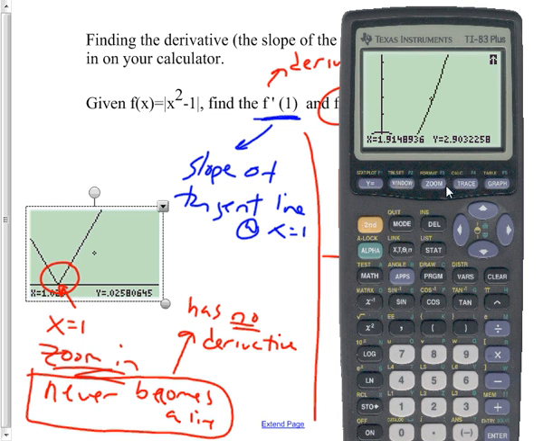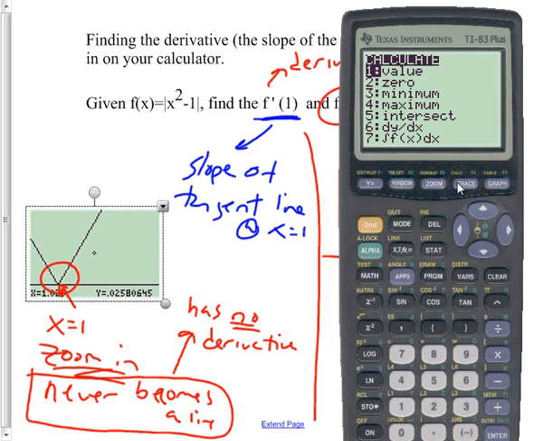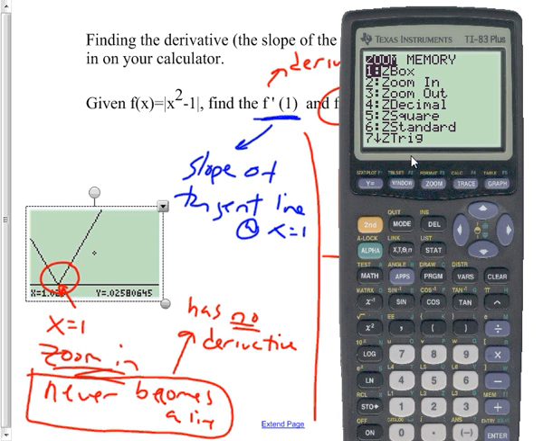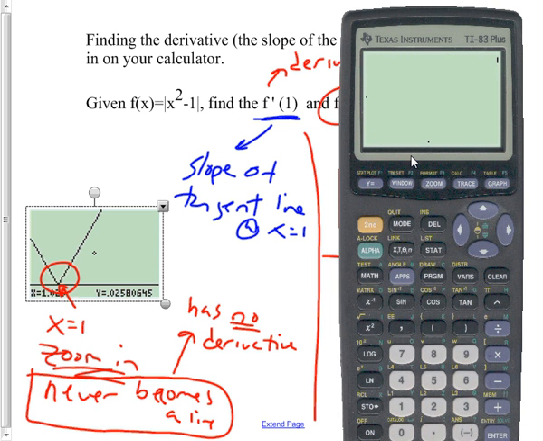Let's do that again. So second calc, let's get the value when x equals 2. There we are, and then we're going to zoom in again on that. And now we've got a straight line. What we can do is choose this point that's on the graph, if we trace it.